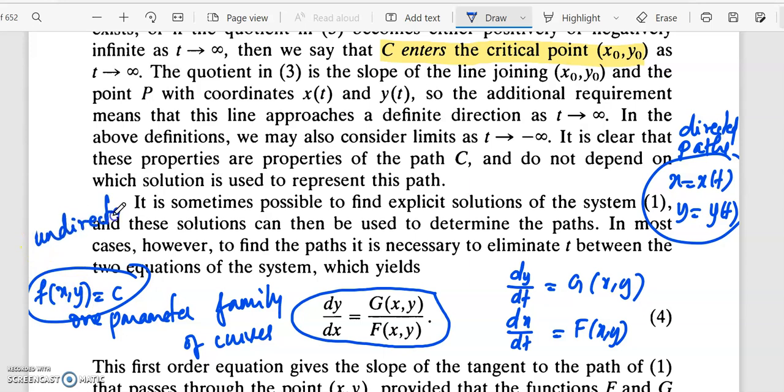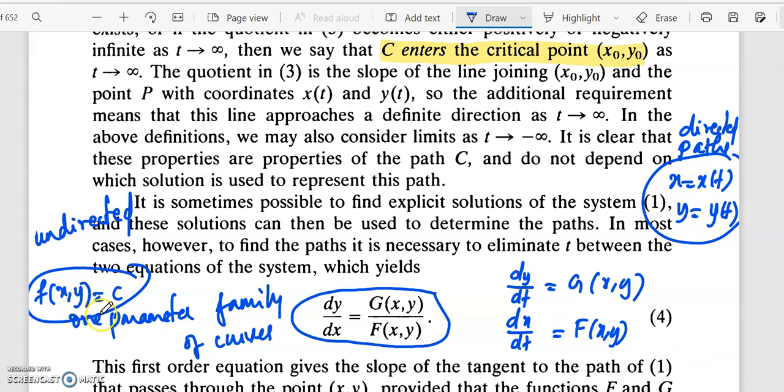Here you can look for what happens when t approaches infinity or minus infinity.